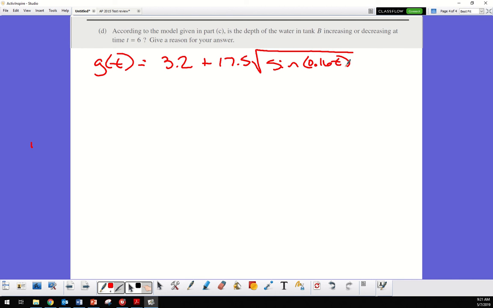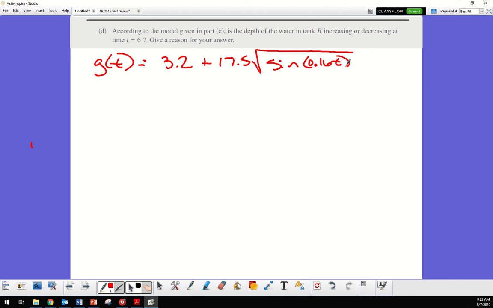Okay, so that's the whole function. We're trying to figure out if it's increasing or decreasing at that time. So I need to find the derivative: if it's positive, greater than 0, then it's increasing at that time. If it's negative, less than 0, it would be decreasing. So let's go ahead and take the derivative of this.